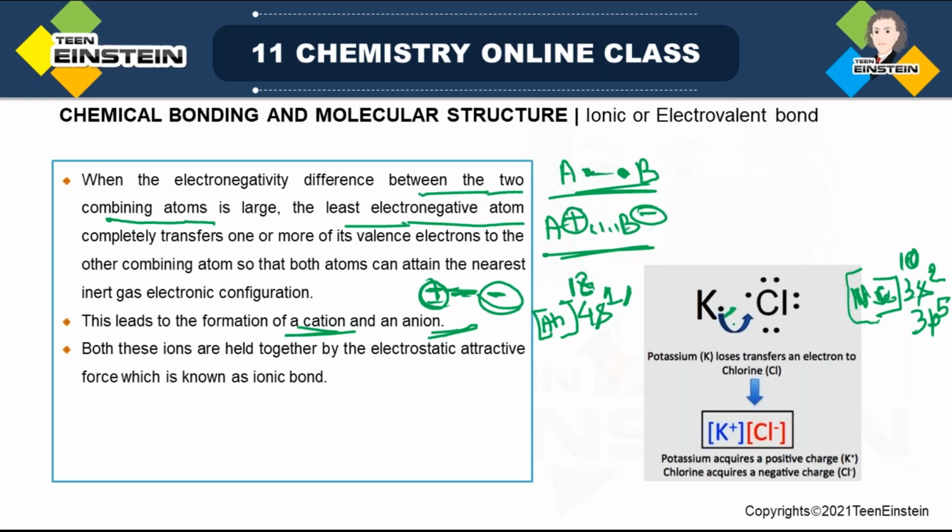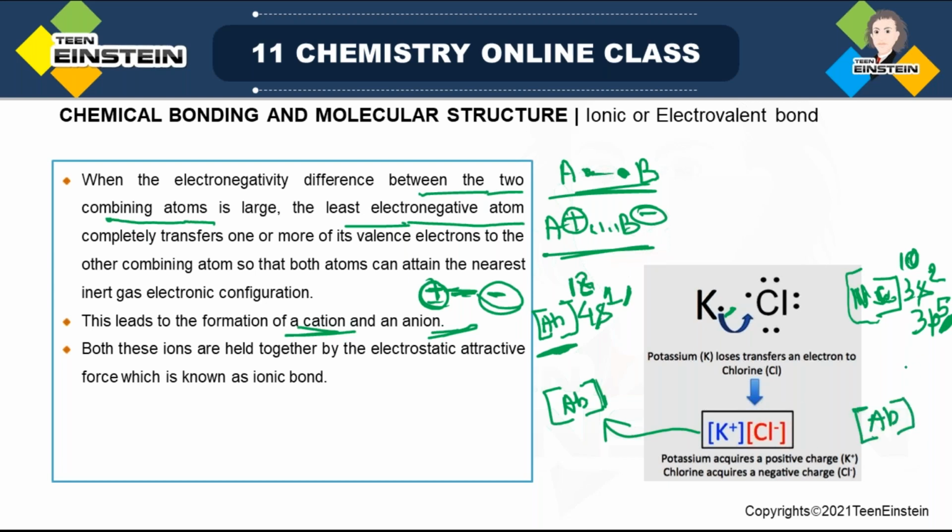Now potassium is donating its single valence electron to chlorine. Why is it doing so? Because when it does so, it is converted to K plus, and K plus is basically the configuration of argon, that is K plus and Cl minus. So one more electron is coming from K, so now chlorine has a total of 3p6, and it has achieved the configuration of argon.